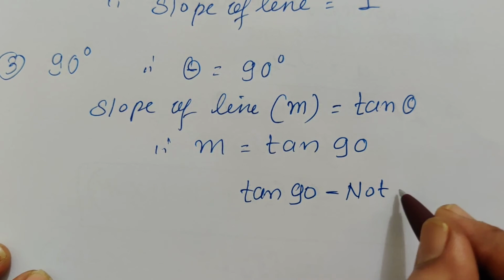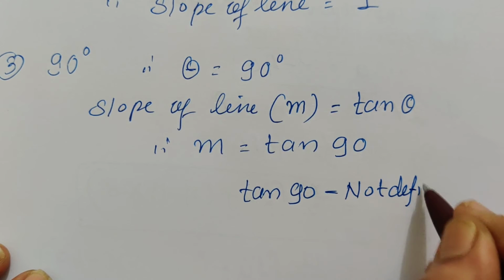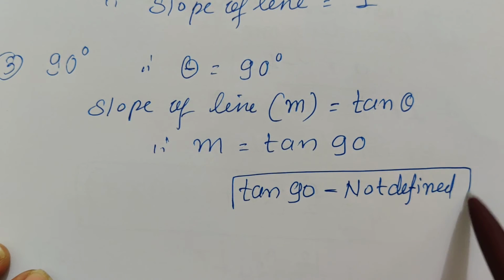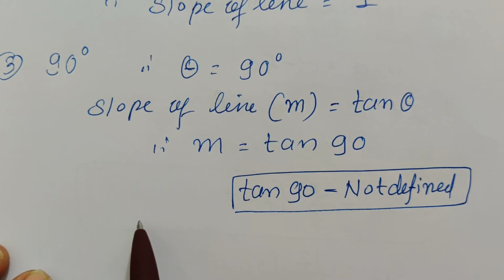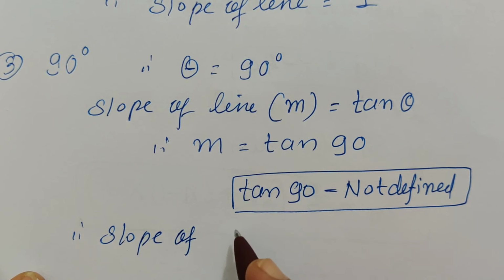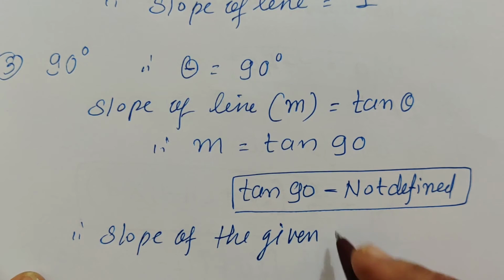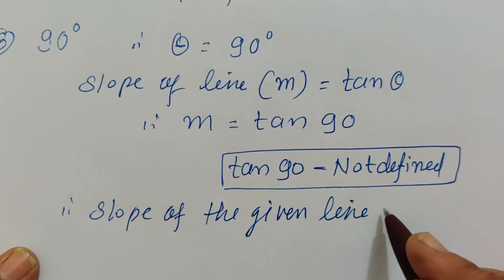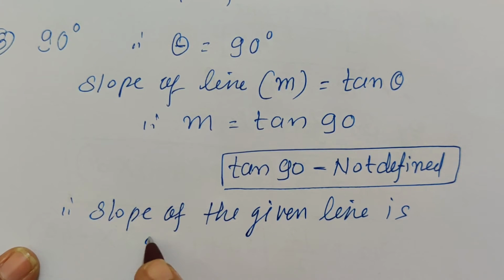Tan 90 is not defined. And so the slope of the line of the given angle is not defined. So slope of the given line is not defined.